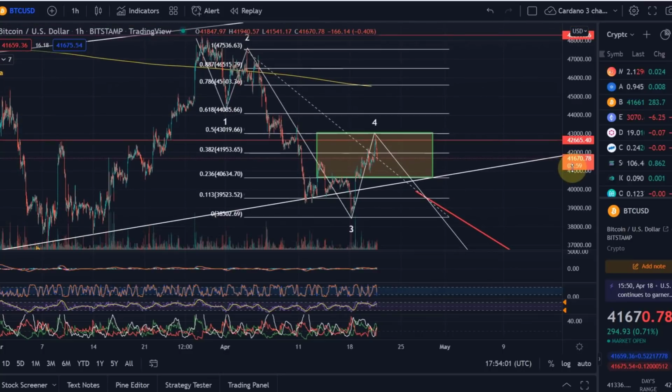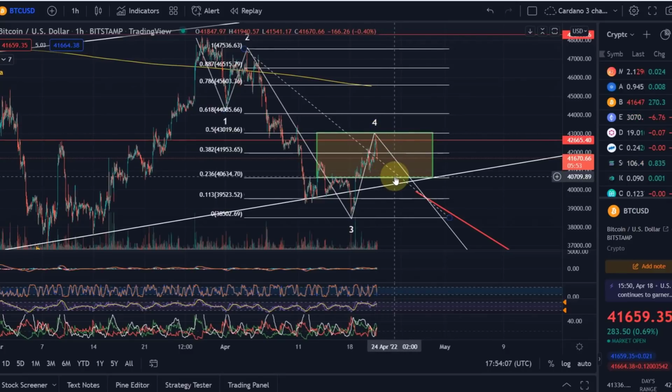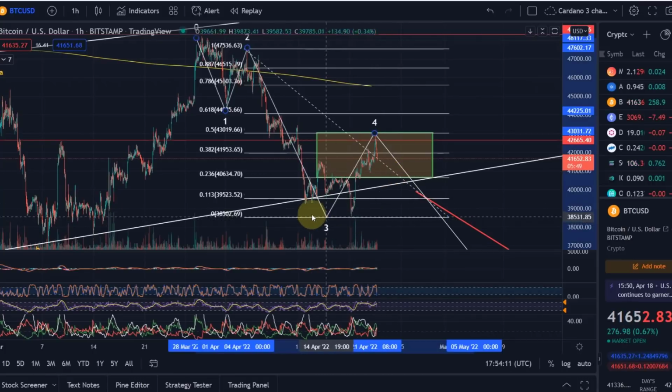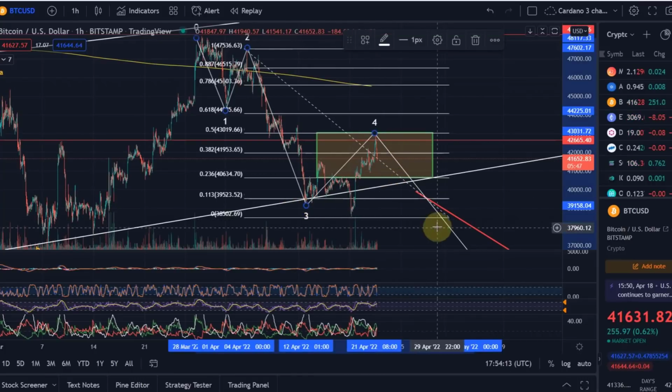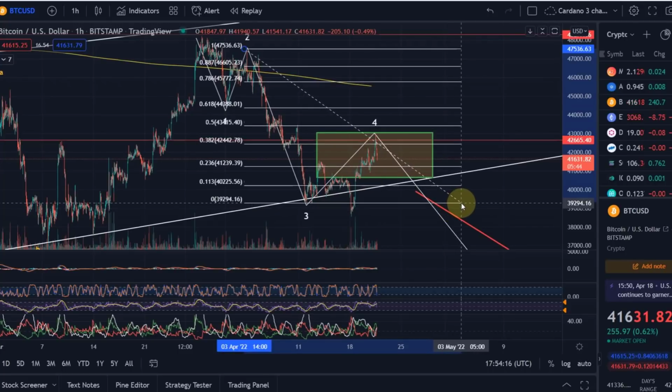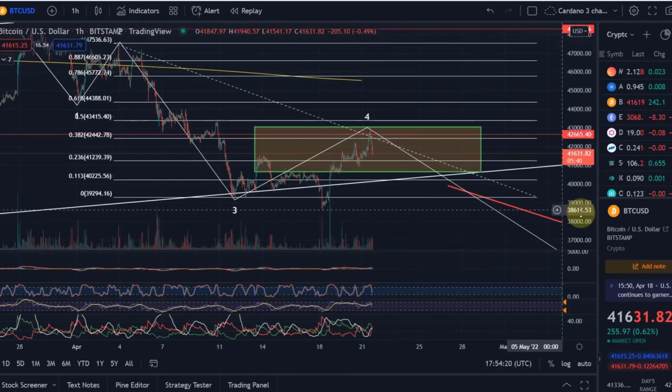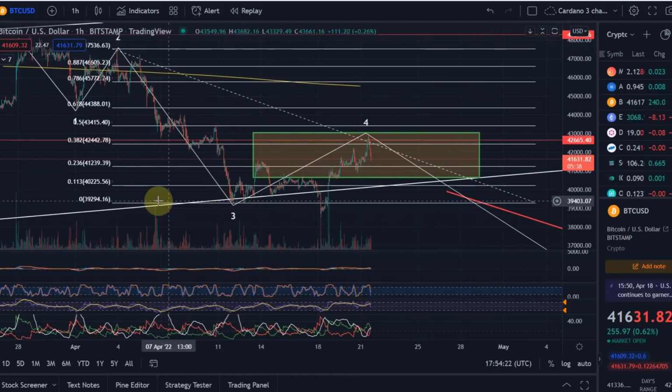Looking at how the price reacted to the $43,000, I think this is actually the more valid one. That was also one of the questions below the previous video, why I drew it like that. The reason was that yesterday the price reacted so well here to this fib level, and I haven't drawn it very accurately.